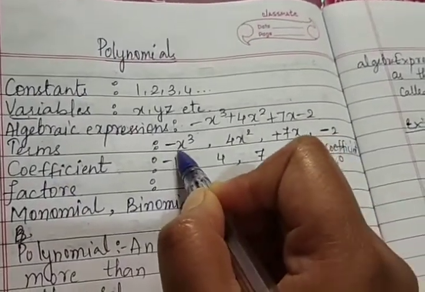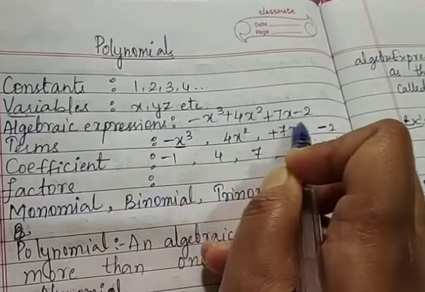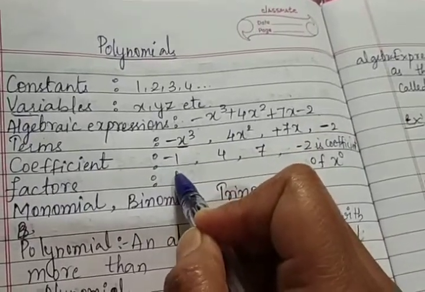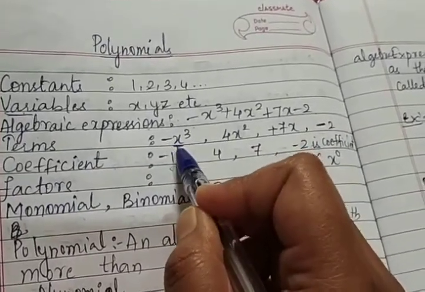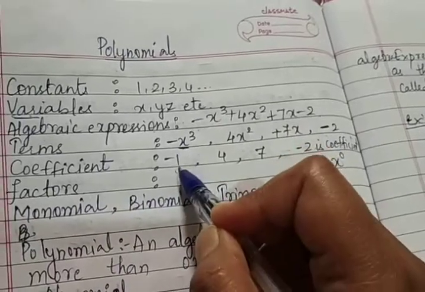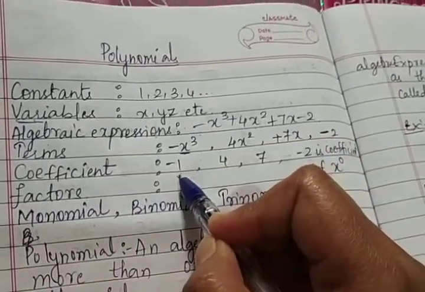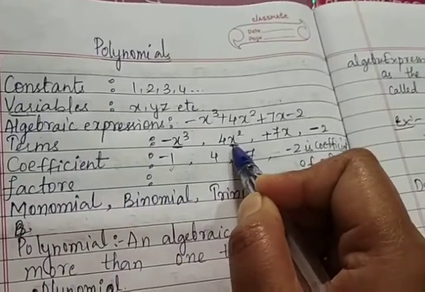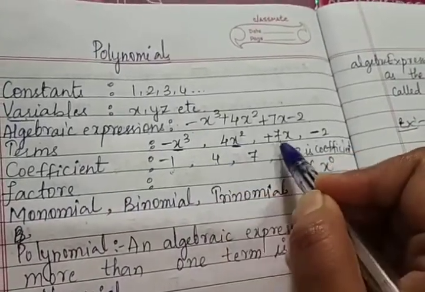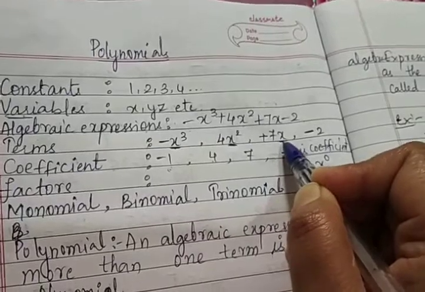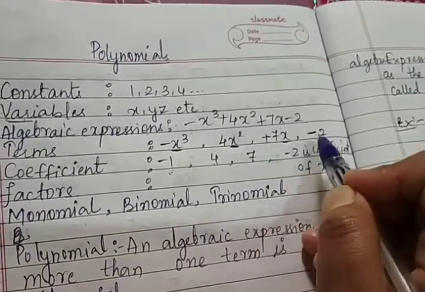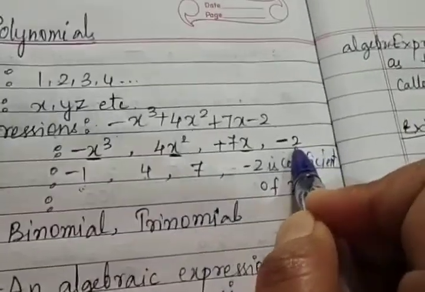Now let us see what a coefficient is. The coefficient of x cube in this algebraic expression is -1. That means the numerical factor of the term is called the coefficient. What is the coefficient of x square? That is 4. What is the coefficient of x? 7. And here you can see that there is no variable.